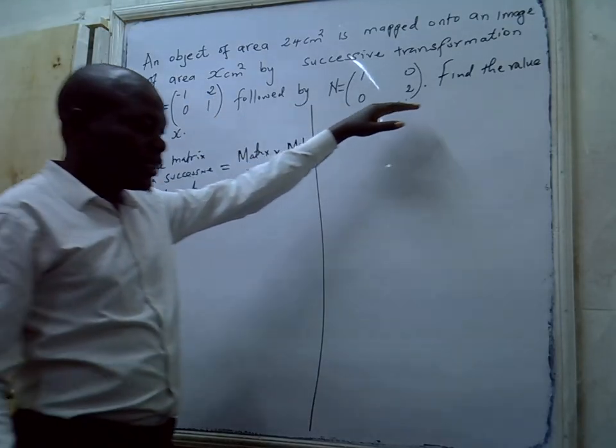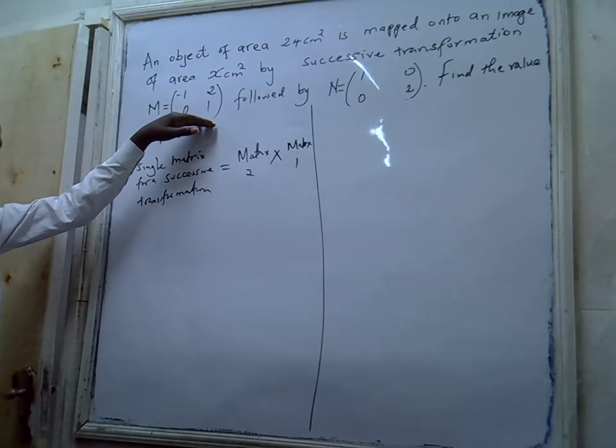The second matrix multiplied by the first matrix.